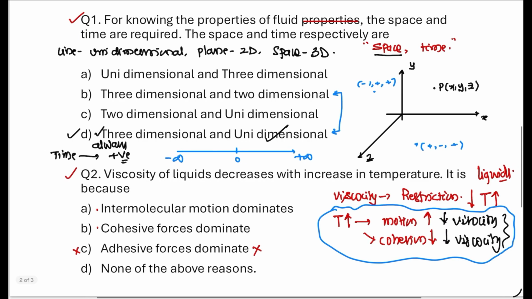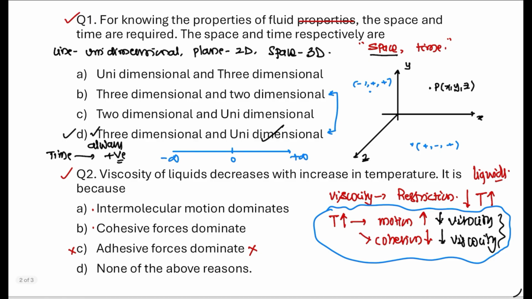Both are partially correct. Intermolecular motion also causes change in viscosity. Cohesive forces also cause change in the viscosity. Now, in both of them, which one dominates? I have told you in the first class itself, first MCQ, that it's not about which is correct, but which is the better answer.